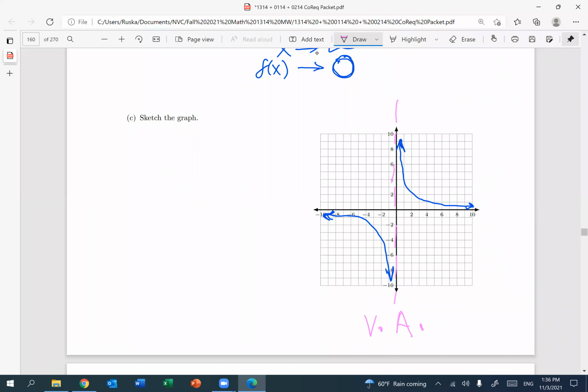It's a vertical line where the graph is going very close to that line, but you never cross it. And also the x-axis in this case is called a horizontal asymptote. The horizontal asymptote is a horizontal line where the graph is going close to, but you never cross it.